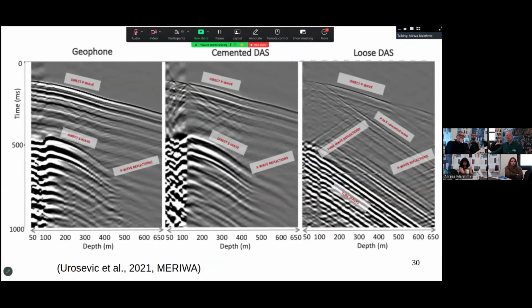The loose DAS response is quite different. There's a significant downgoing tube wave here. There are tube wave reflections, but they do also see these P wave reflections that were observed on the cemented-in cable or on the geophone, and signs of it on the cemented-in DAS.